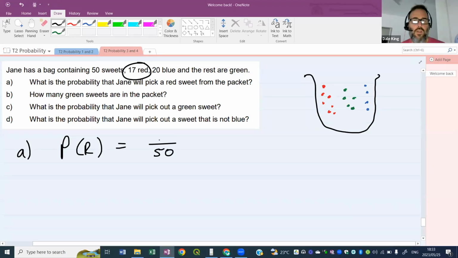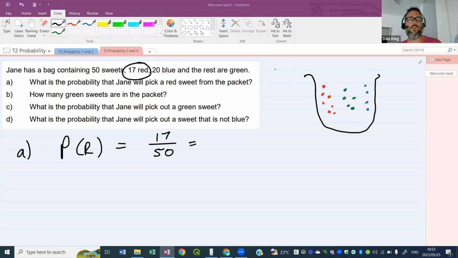So the probability of reaching and picking one of those 50 and it will be a red is 17 out of a possible 50 sweets.